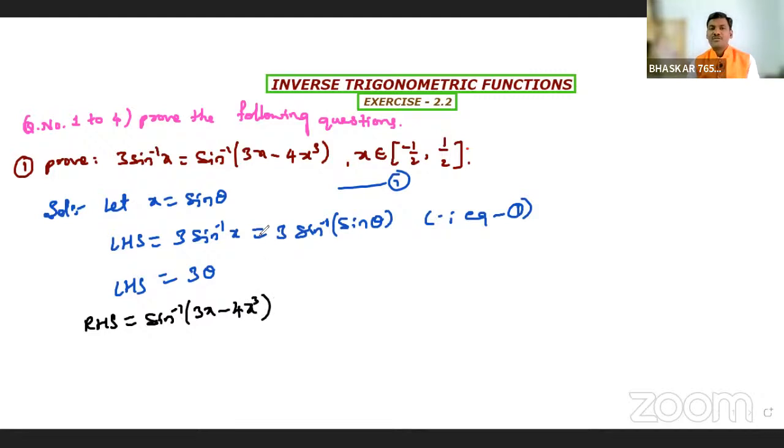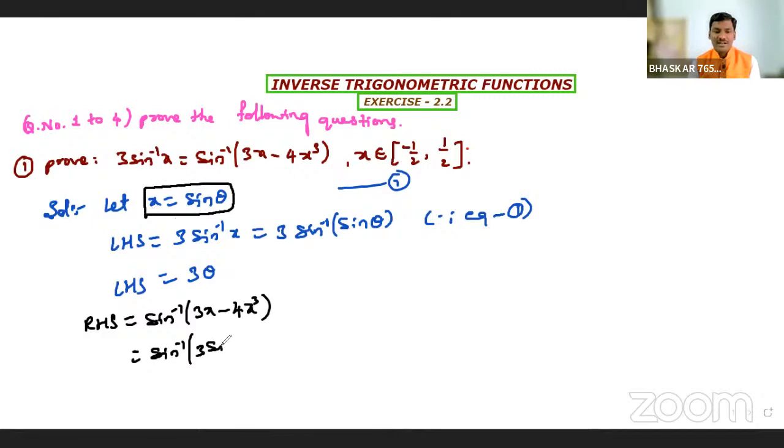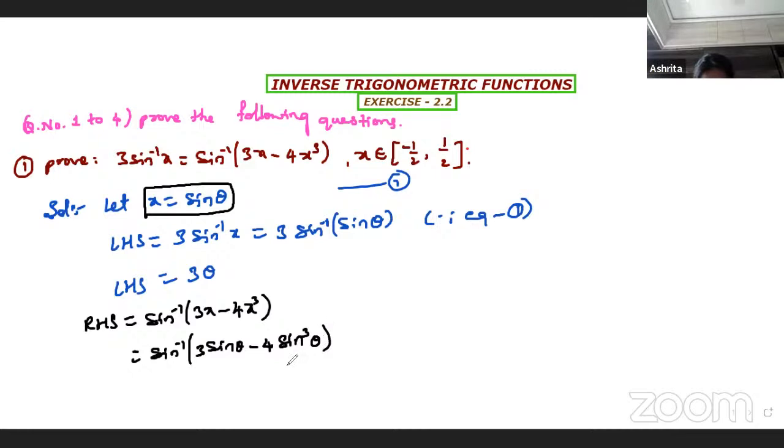If we substitute x is equal to sine theta here also, we get sine inverse of 3 into x, where x is sine theta, minus 4 into x cube, where x cube is sine cube theta.